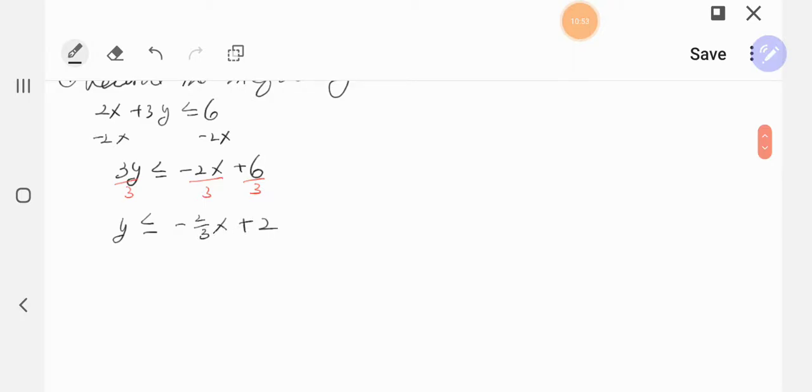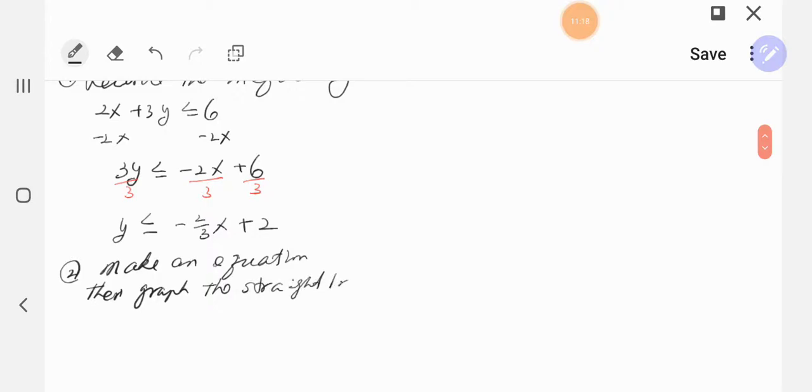So we have an inequality. From this inequality, step number 2, make an equation and graph the straight line.